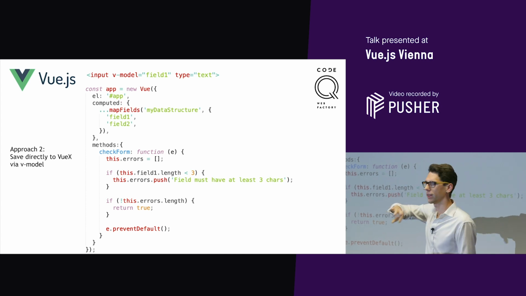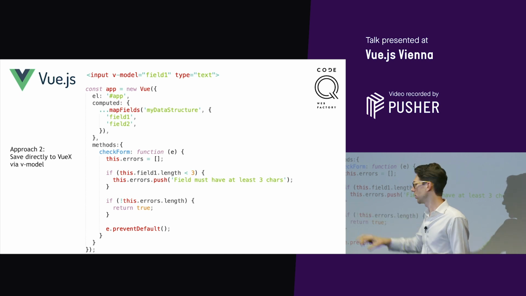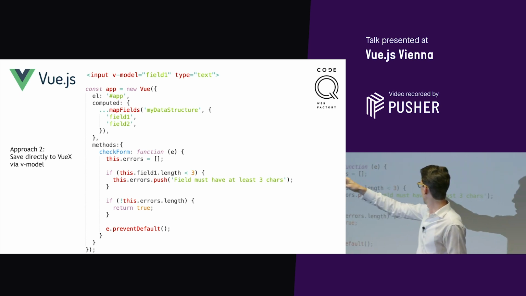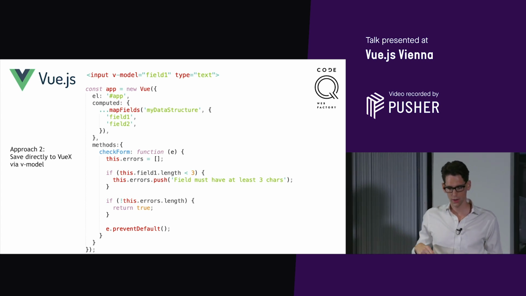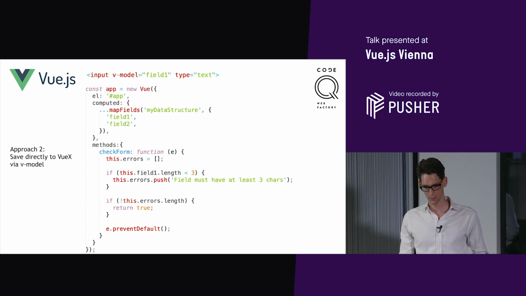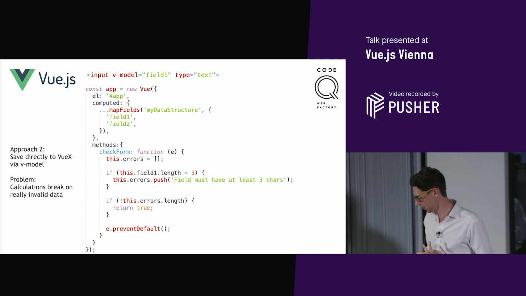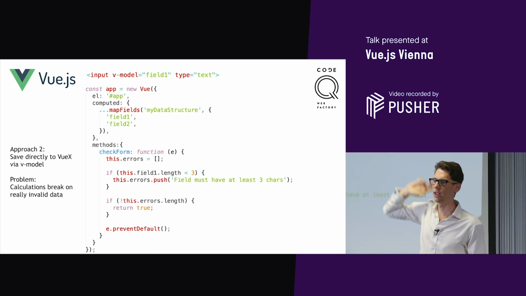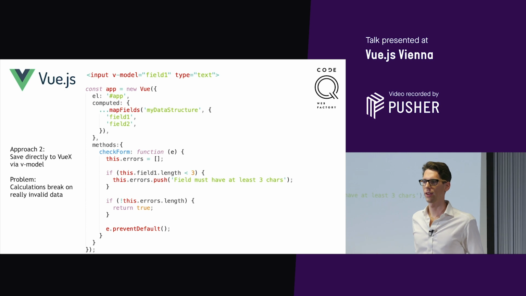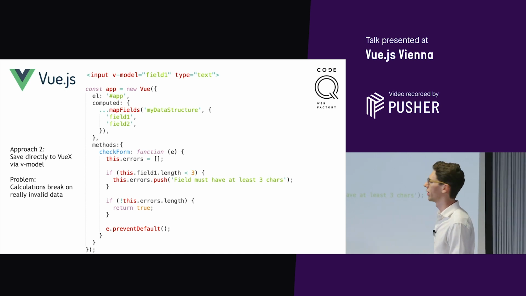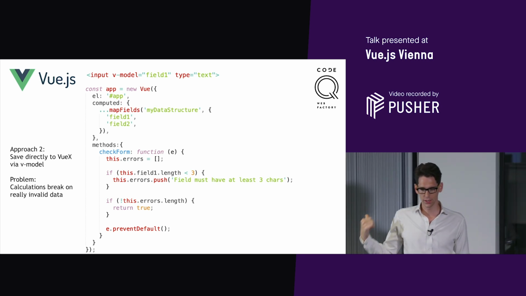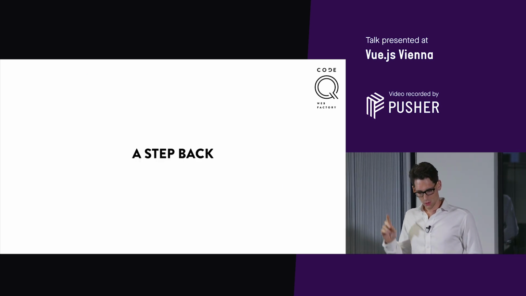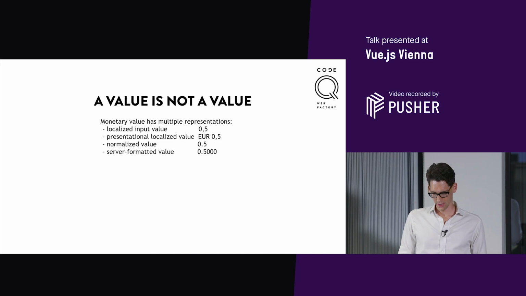So everything is already changed directly in the Vuex store, but now our validations are only used when I save to the server. The big problem here is that if I input some invalid value, I break my whole application. Division by 0 or some of these things which you don't want to deal with. So that's also a very naive and bad solution.